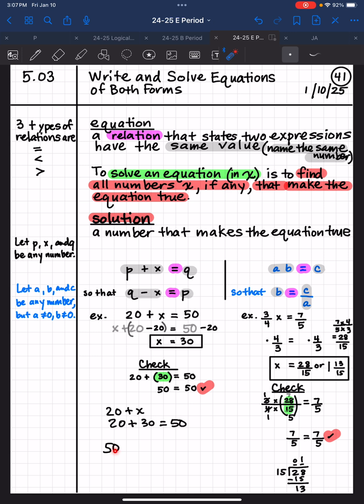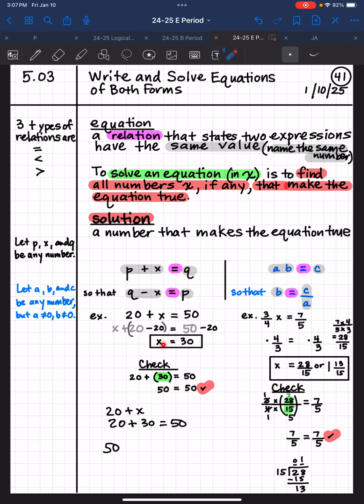Yes. Therefore, what value did I substitute into the equation to make the statement true? I substituted 30. So I have then proven that x does indeed equal 30 because when I use that number, it makes both of the expressions equal to the same number.